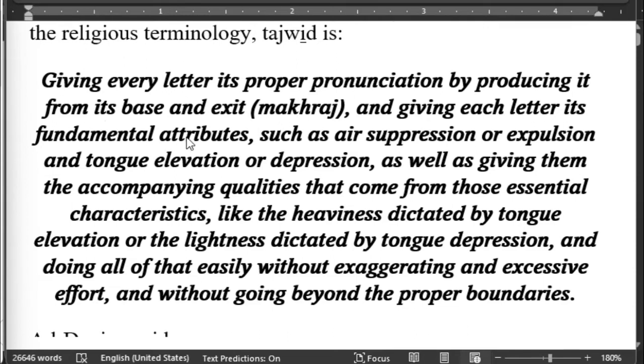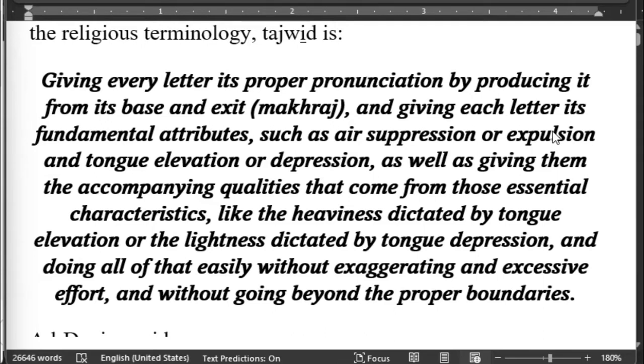Those attributes that make the letter or give the letter its reality, such as air suppression or air expulsion. Like, for example, what's the difference between letter ghain and letter kha? They both come from the same exit, but they have different attributes.